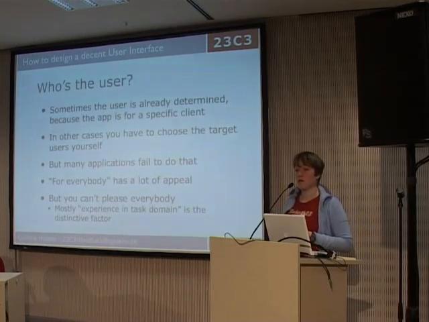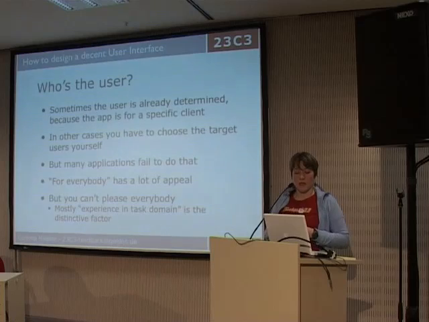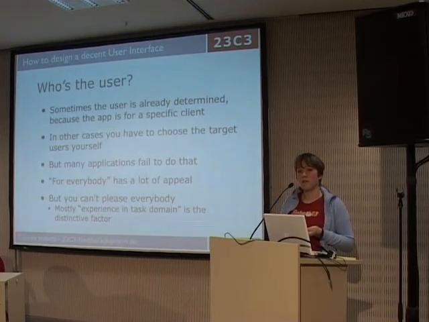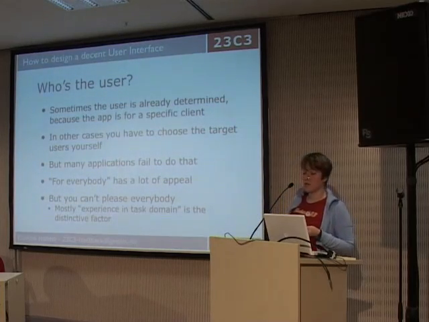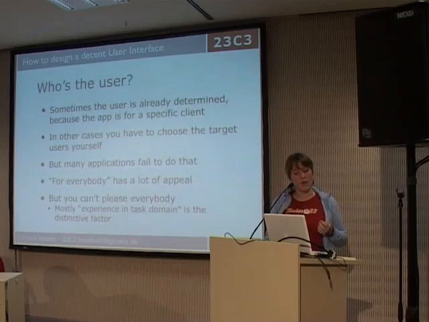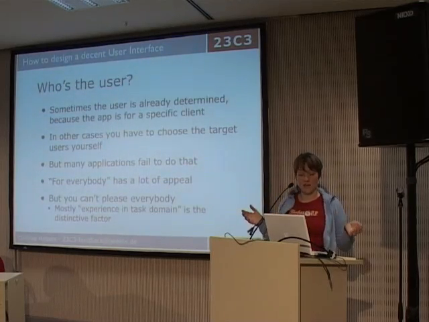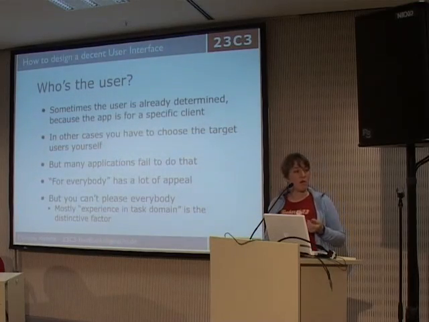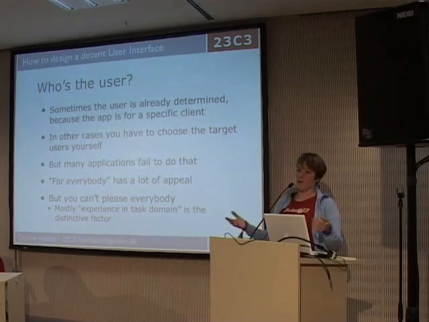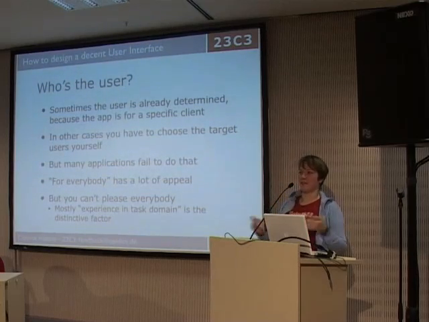Who's the user? First central question. Sometimes you know who the user is going to be because it's a contract job. So a client gave you a job to do, and well, then you know it. But in other cases, you have to choose the target users yourself. There are a variety of applications that just fail to do that. They think, hey, our application is for everybody.